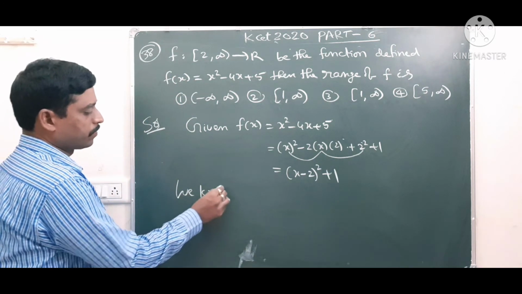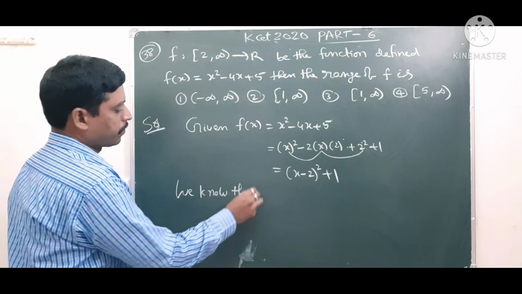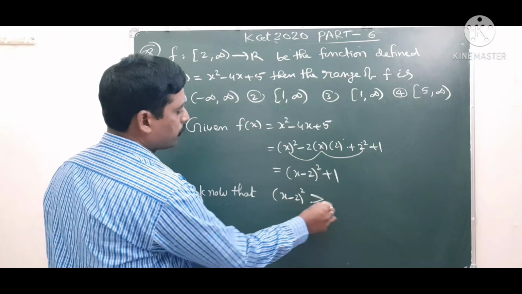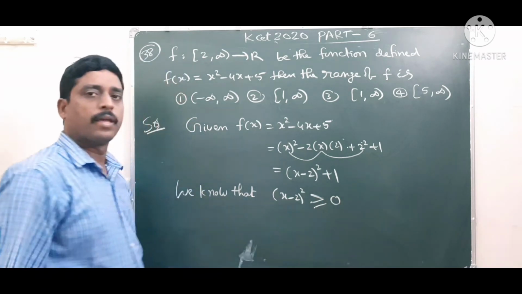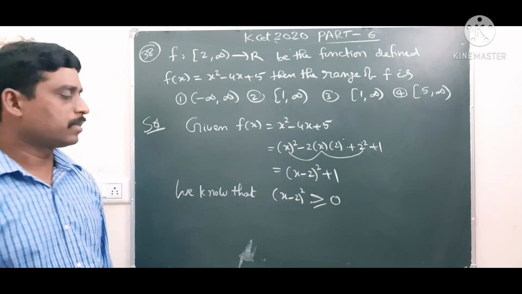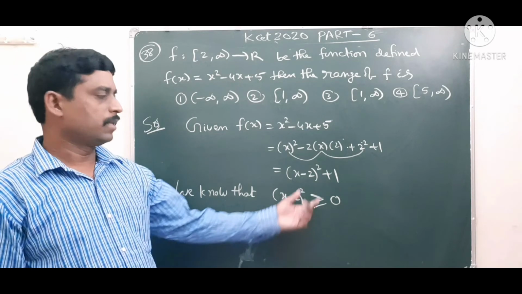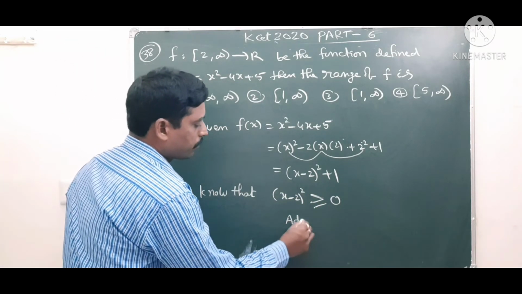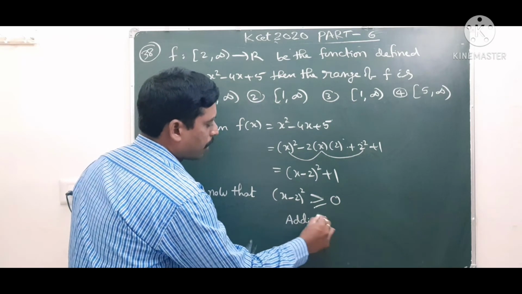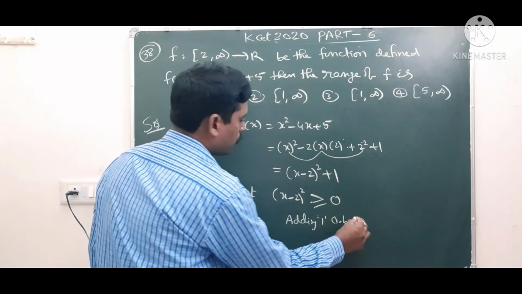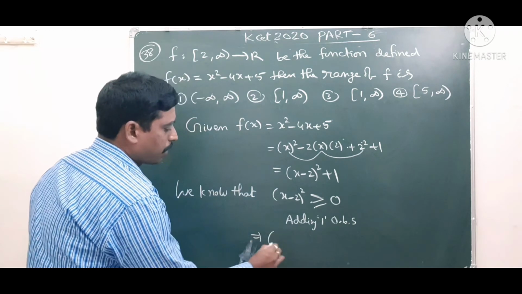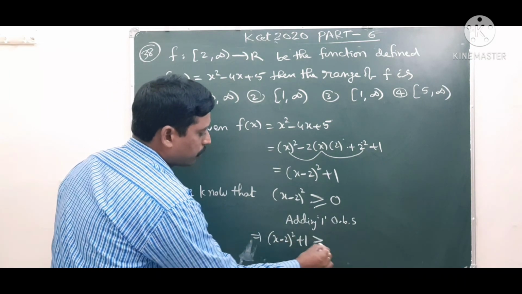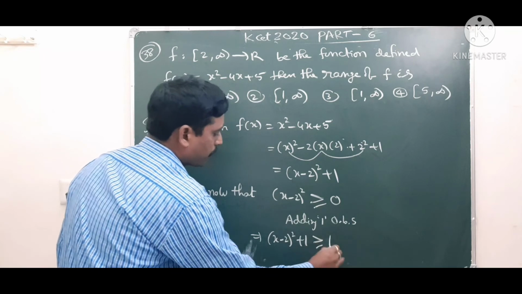We know that x minus 2 whole square is always greater than or equal to 0. But in this expression, plus 1 is there. Adding 1 on both sides, we get x minus 2 whole square plus 1 should be greater than or equal to 0 plus 1, which is 1.